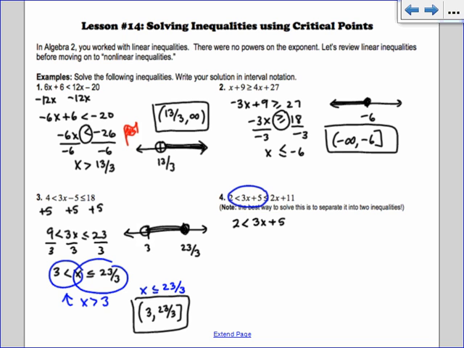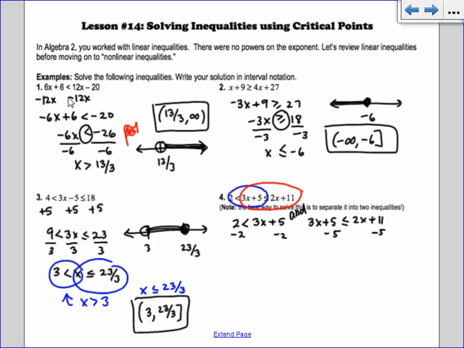And the second inequality is going to be 3x plus 5 is less than or equal to 2x plus 11. In between them, we put the word and, because we need both of those inequalities to be true. We want the left and the right to be true. Jason, you with me? All right, so we're going to go ahead and subtract 2, subtract 5.